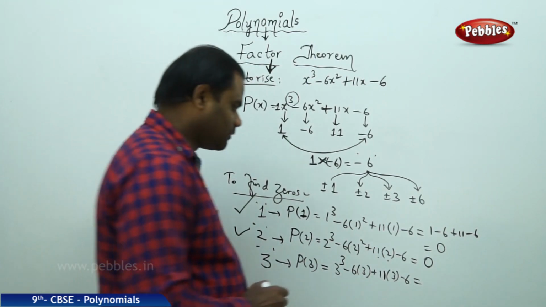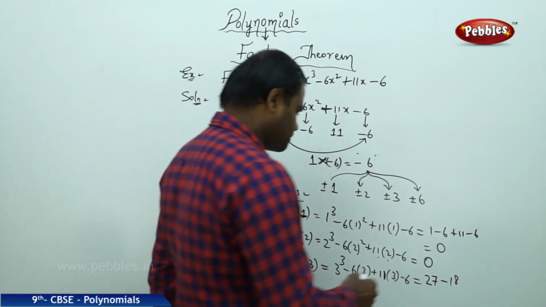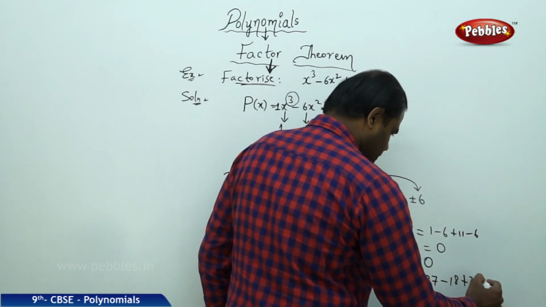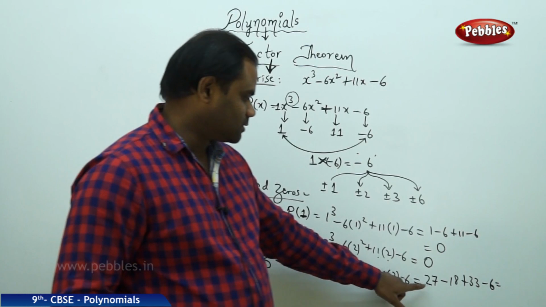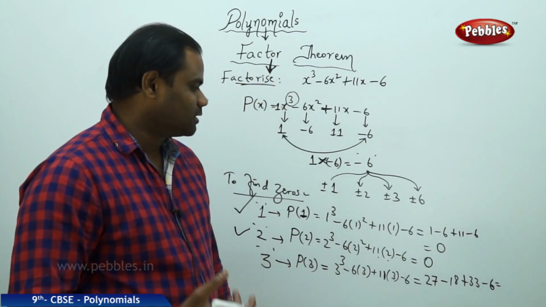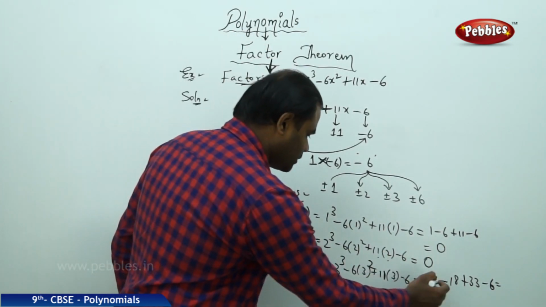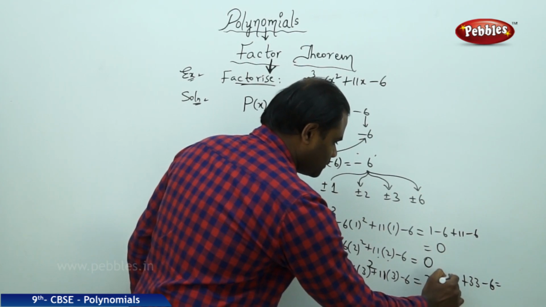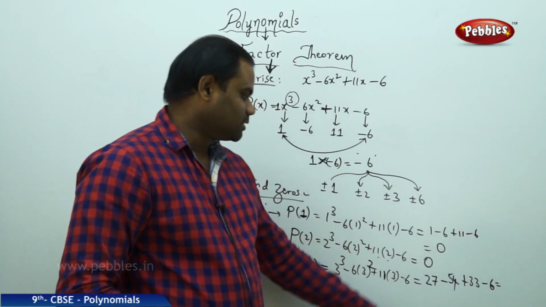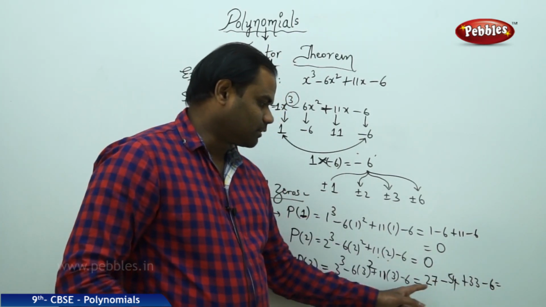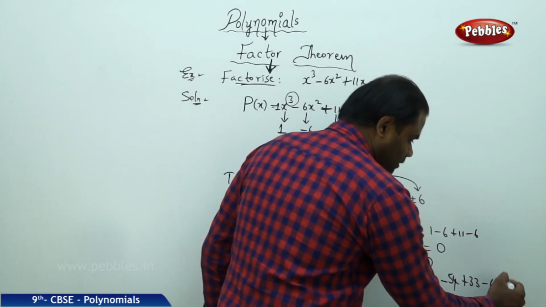On further simplification, this gives 3 cubed, which is 27, minus 6 times 9, which is 54, plus 11 threes, which is 33, minus 6. So I get 27 minus 54 plus 33 minus 6, which is 60 minus 60, and that also gives me 0.